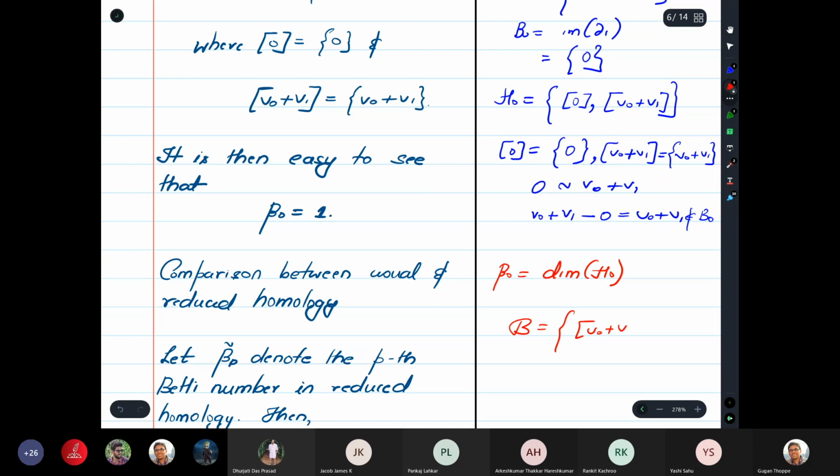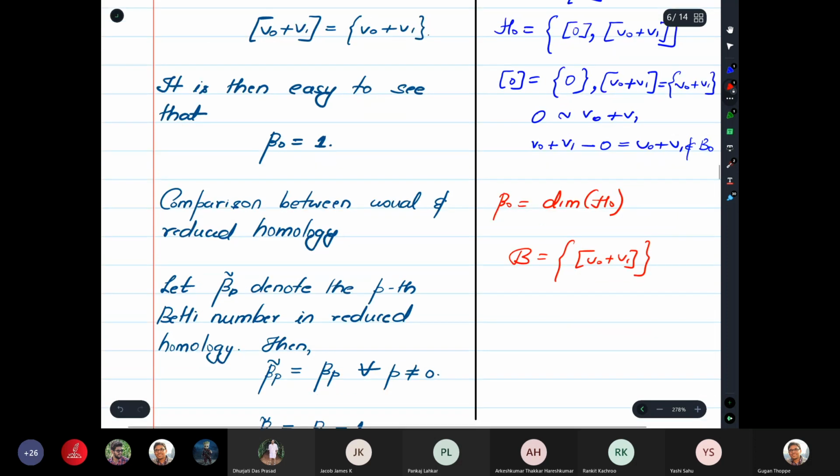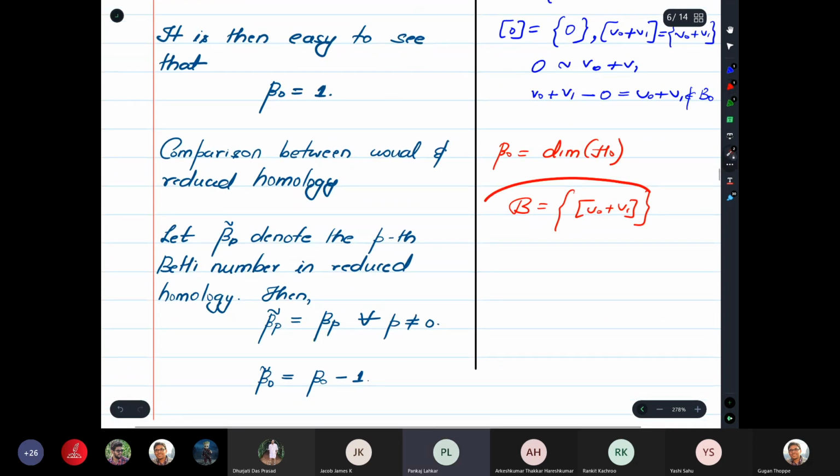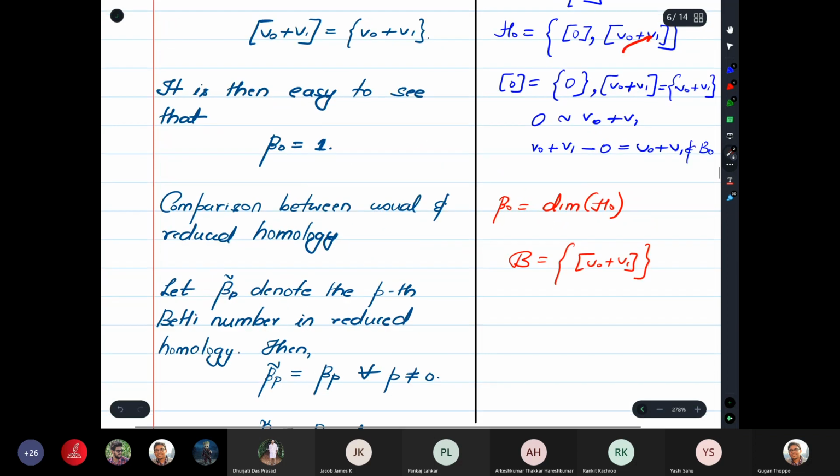So the equivalence class of V0 plus V1, right? So the way we have to quickly verify is that using this element, you can construct both these elements using linear combinations, right? And the scalars have to come from your Z2 field, right? So it is easy to see that 0 times the class of V0 plus V1 is the equivalence class of 0.